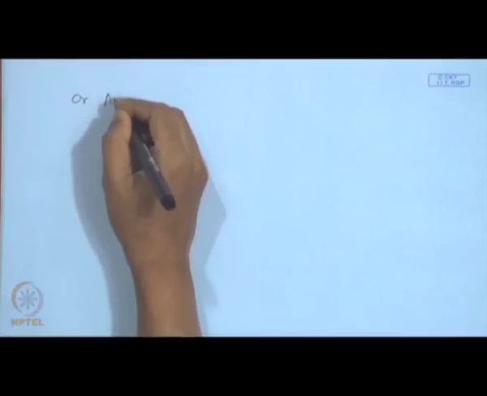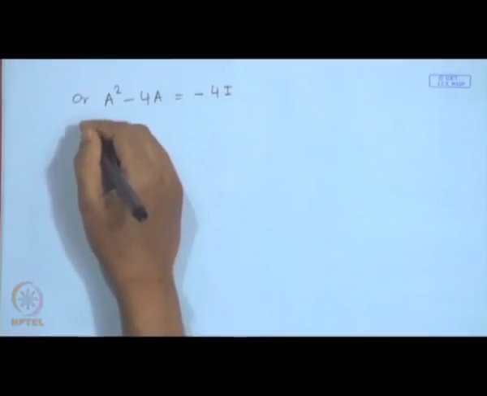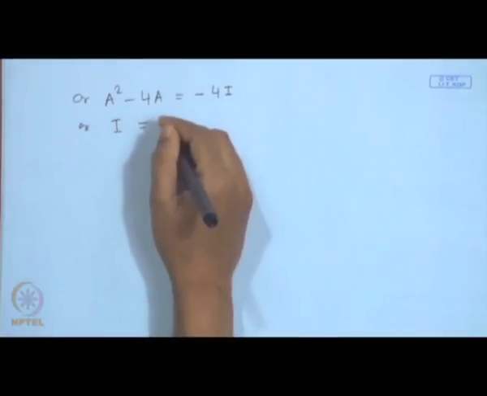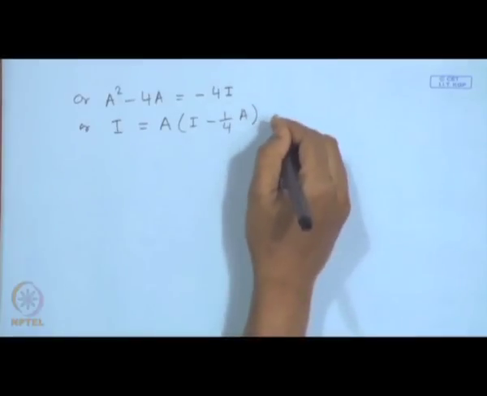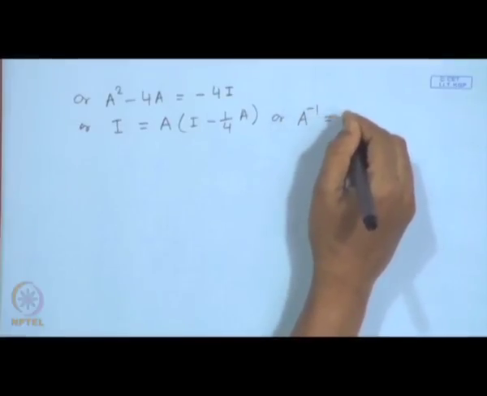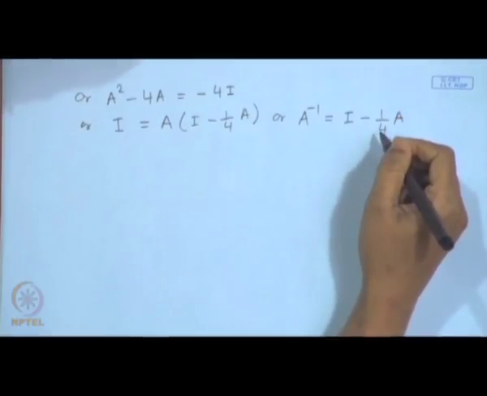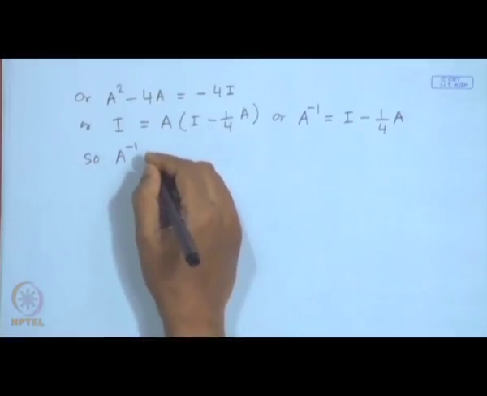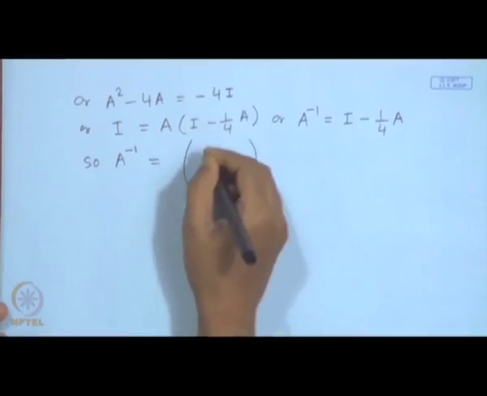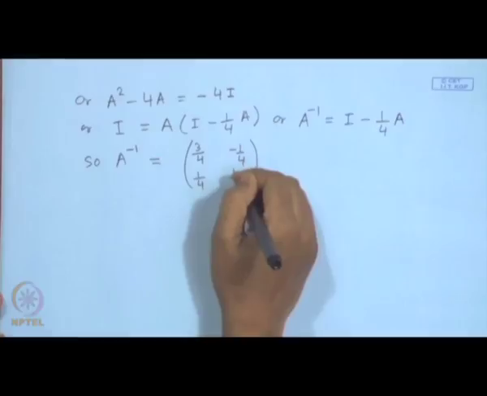From here we get A square minus 4A equals minus 4 times identity, or on simplifying, I equals A times (I minus 1 by 4 A), so A inverse is the matrix I minus 1 by 4 A. Now we know the matrix A and the identity matrix, so we can find the inverse of A, and one can compute that it is 3 by 4, minus 1 by 4, 1 by 4, 1 by 4.